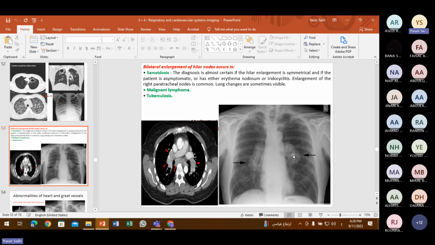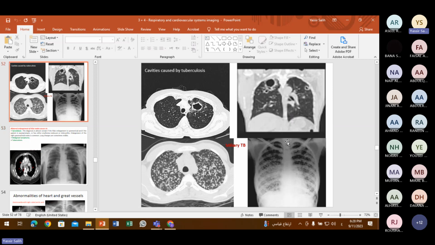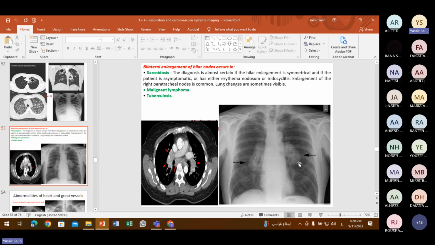Bilateral. There is a hilar opacity, bilateral and symmetrical. In any normal chest X-ray the hilum is concave like this, but here it is blunted with lobulated opacity on both hila. So this is bilateral lymphadenopathy.